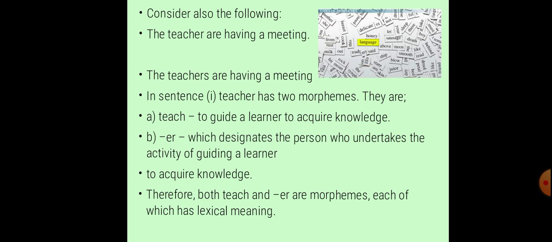They are: A, teach, meaning to guide a learner to acquire knowledge; B, we have -er, which designates the person who undertakes the activities of guiding a learner to acquire knowledge. Therefore, both teach and -er are morphemes, each of which has lexical meaning.